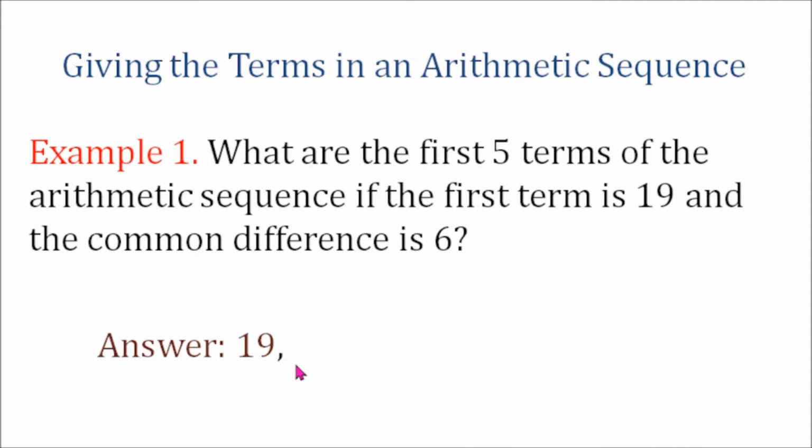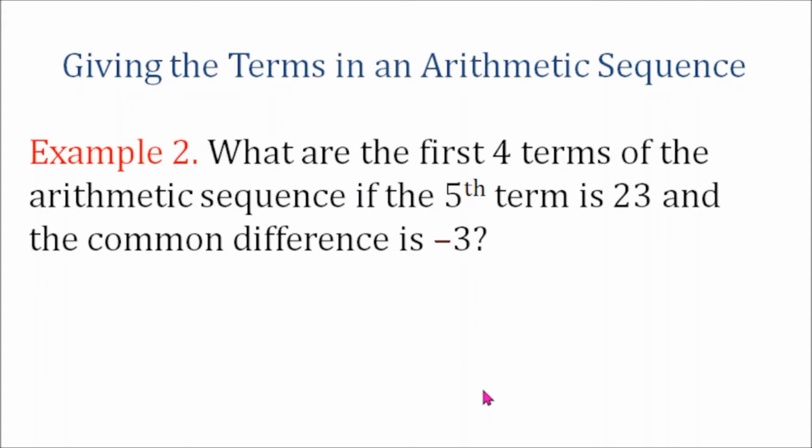Then to find the next term, we are going to add 6. That becomes 25. And then add 6 again. That's 31. And then add 6 again. That's 37. Add 6 again. That's 43.